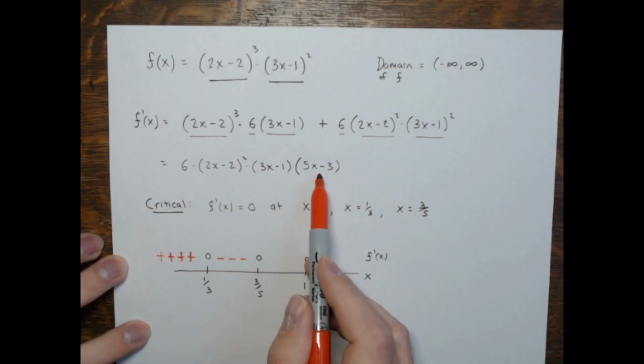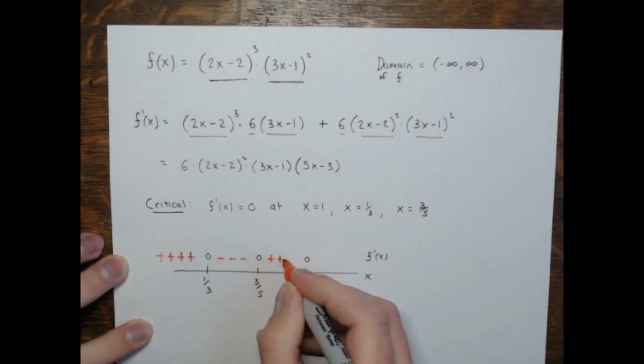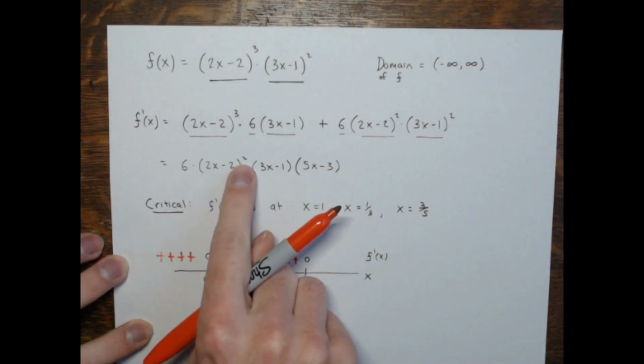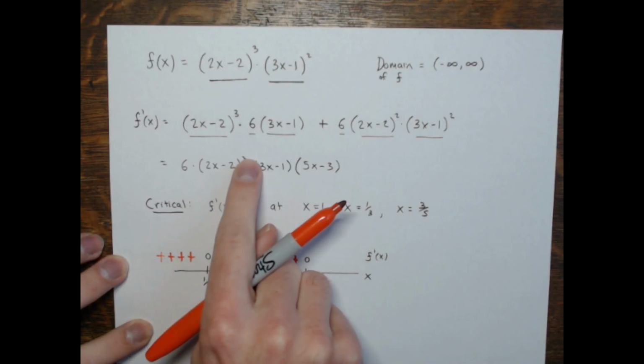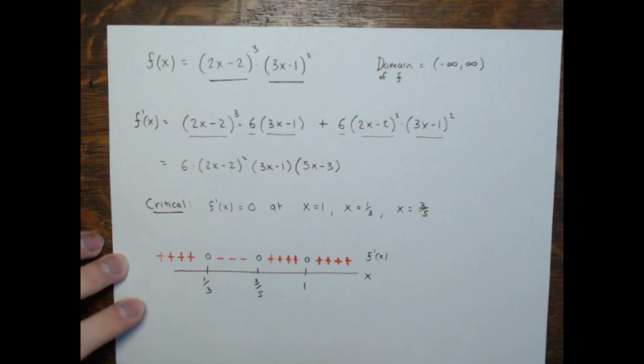The multiplicity of 3/5 is also odd, so it would cross over again, and you'd have a positive derivative between 3/5 and 1. And then the multiplicity of 1 is even, right? This is two of those factors. So it would bounce off the axis, and stay positive to the right of that.